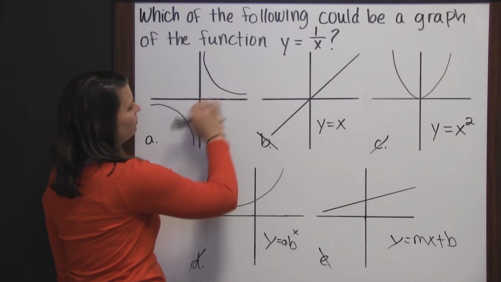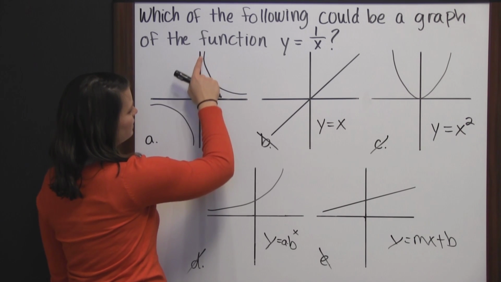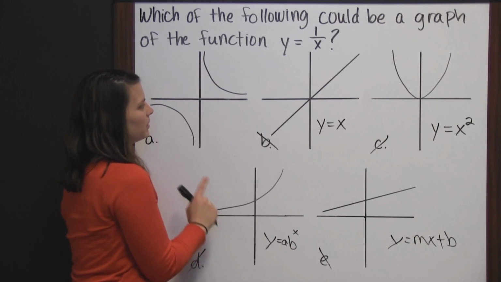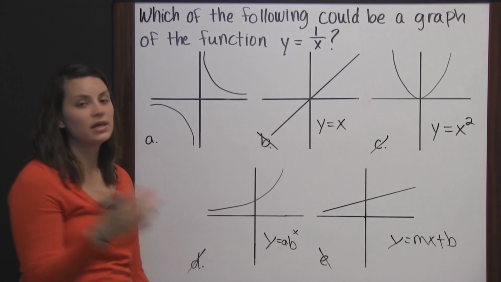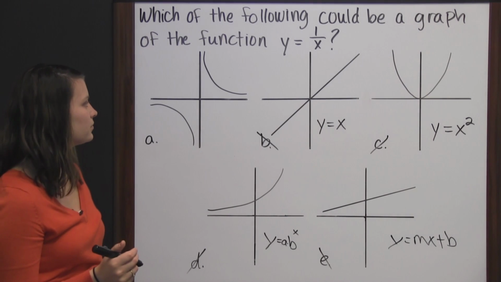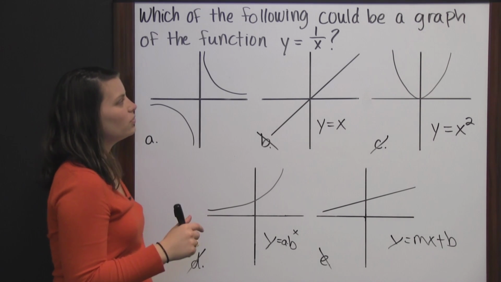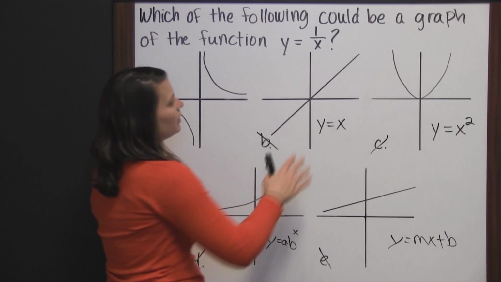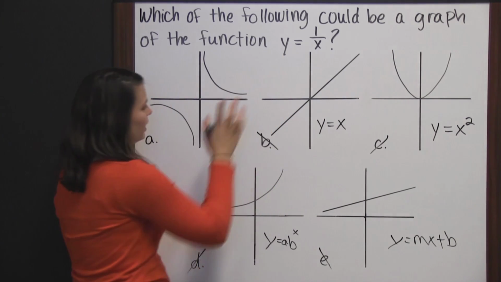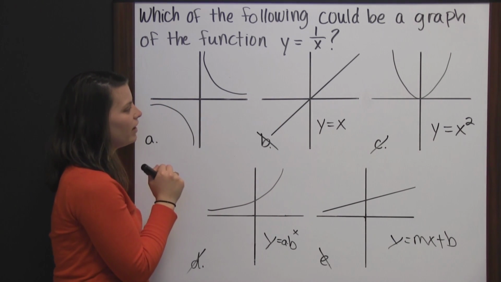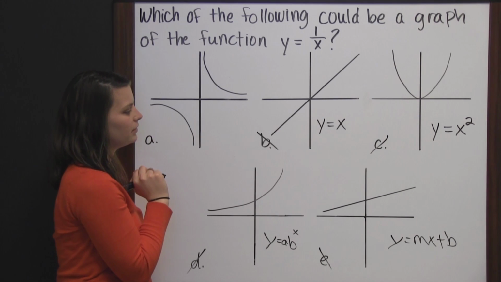It's the same thing in the first quadrant. Again, it's approaching 0 and then it turns sharply away from 0 because x can never be 0. Your y value will also never be 0. So again, you can tell in this graph our y value never reaches 0.